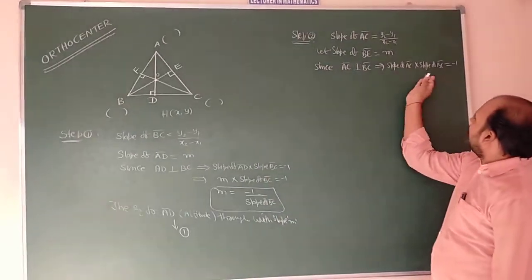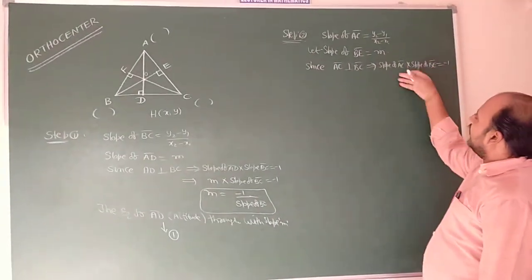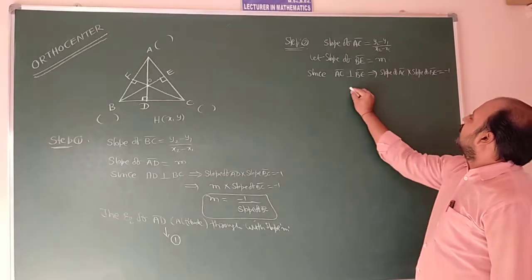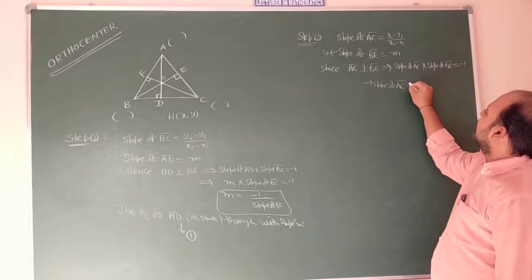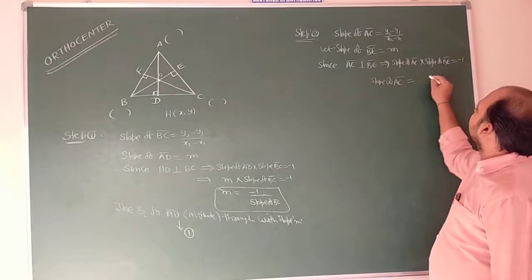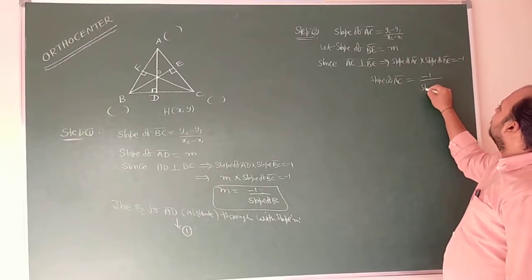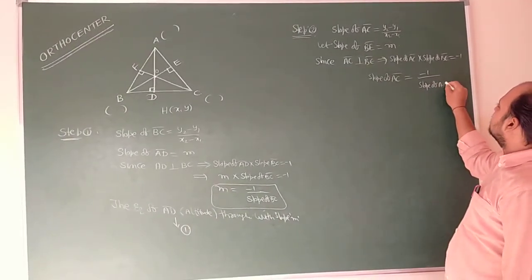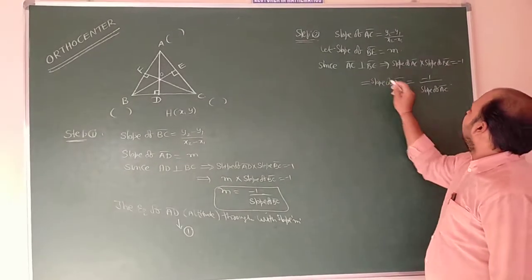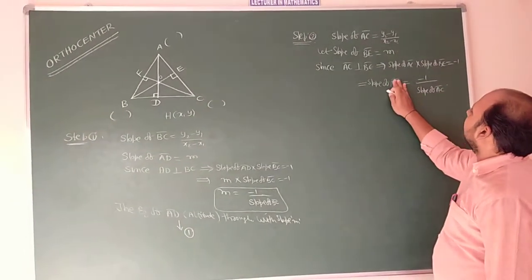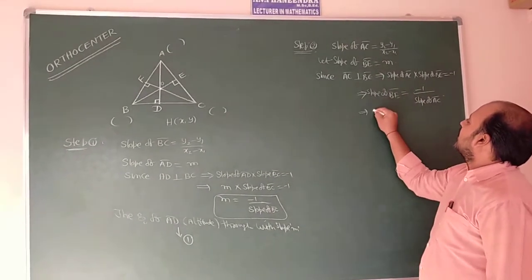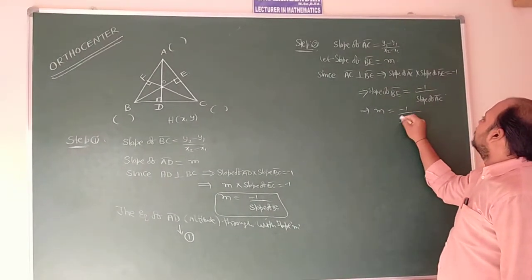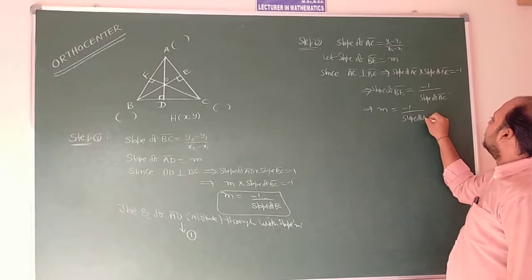So except the slope of BE, the remaining we can take to this side. That implies slope of BE is equal to -1 by slope of AC. That implies M is equal to -1 by slope of AC.